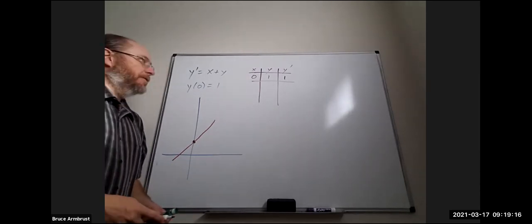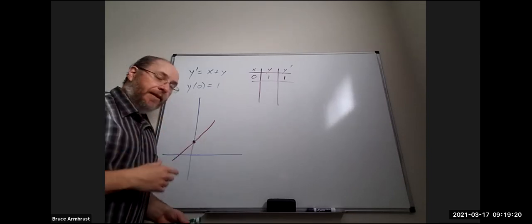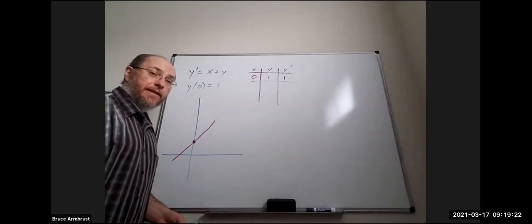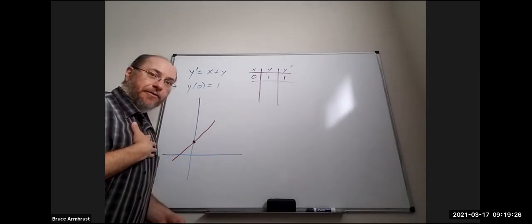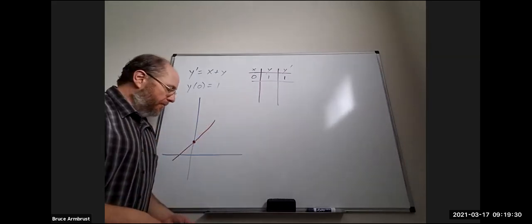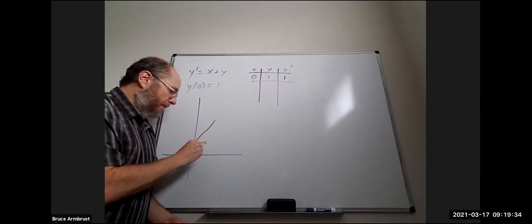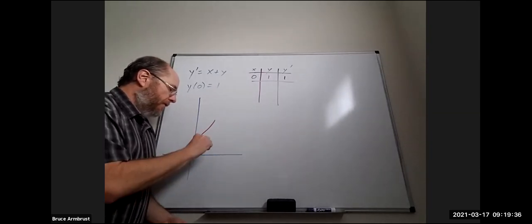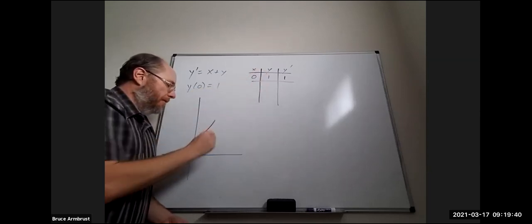All right, so here's what we're going to do. For Euler's method, we're going to take a step to the right. How far we go is up to us. Just for the sake of making this easier, I'm going to make it a step of 1. So I'm going to come over here 1 step. If I follow the idea of this slope, since the slope is 1, that means I'm going to go up 1.